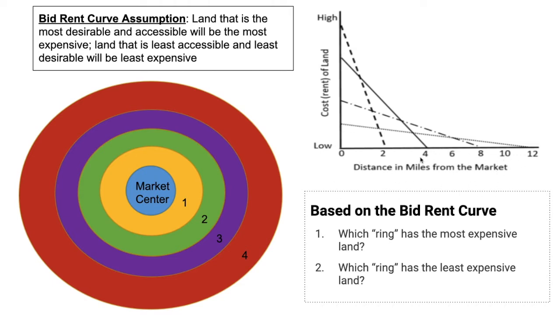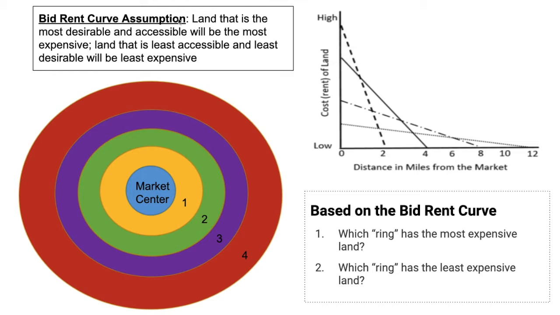So let's put all this together. If there's an inverse relationship between these two variables, what that says is that the greater distance you are in miles from the market, the lower the land would cost. On the other hand, as we get closer to the market or the city center, the land costs more.